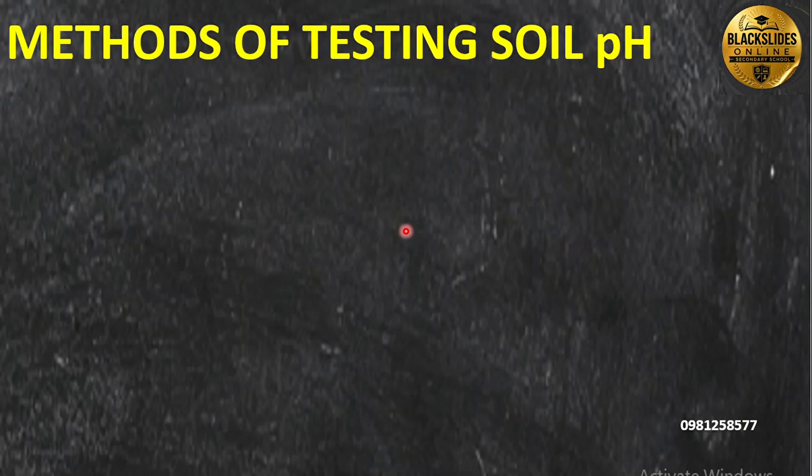Let's look at the methods of testing soil pH. The acidity or alkalinity of a soil sample. How can you test if a soil is acidic or alkaline? Two methods are going to be discussed.